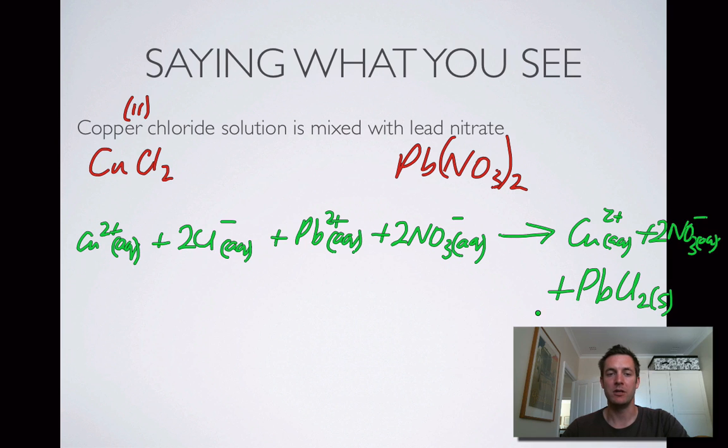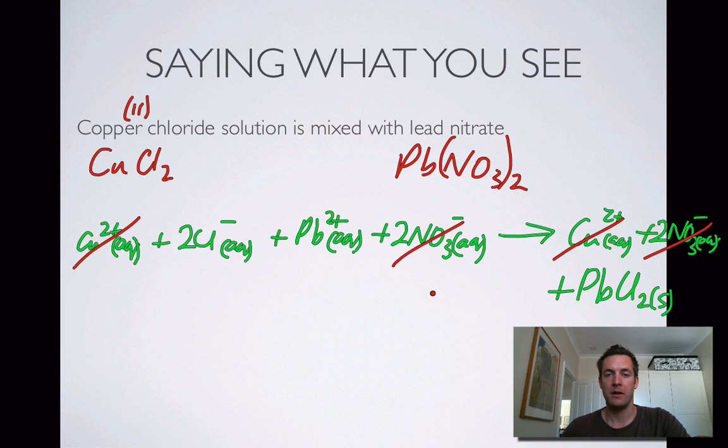What have we got left to do here? Well, remember, we need to get rid of the spectator ions, those that didn't react. Okay, copper nitrate didn't react. So our equation is Pb2+ plus 2Cl- makes this. Once again, our formula of our solid precipitate from the ions that made it up.